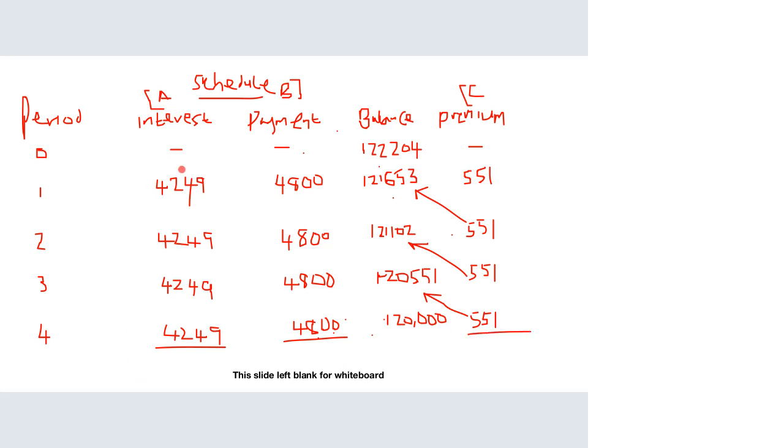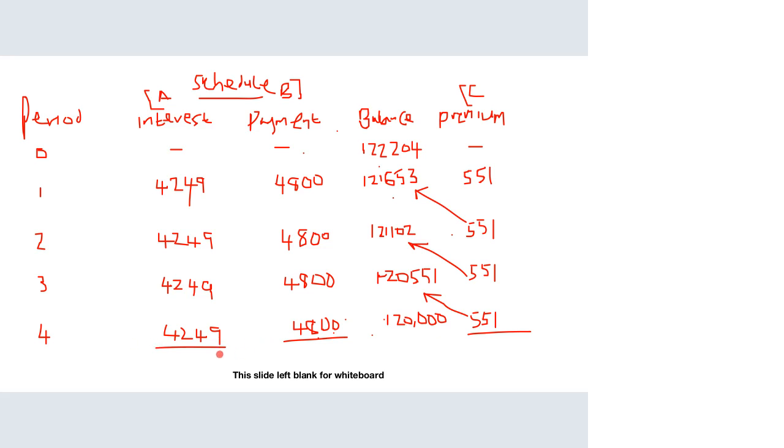We add, so somebody to add column A, somebody to add column B, and someone to add column C. Okay, thank you.